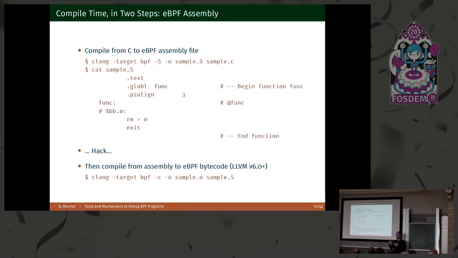I have an option also that might be useful, which is instead of compiling directly from C into BPF bytecode, I can compile into BPF assembly, and that gives me an assembly file, a .s file, that is much easier to edit if I want to change my BPF code itself without having to write all the code by hand.